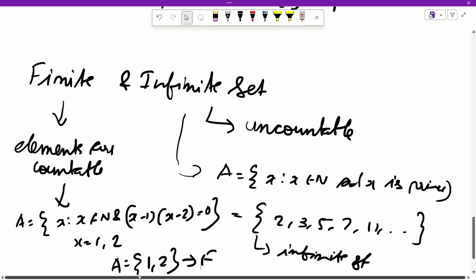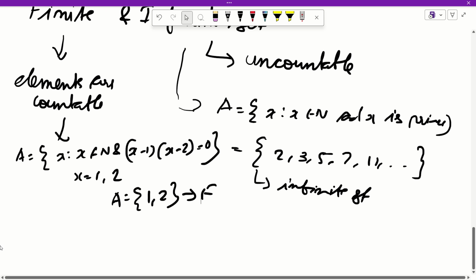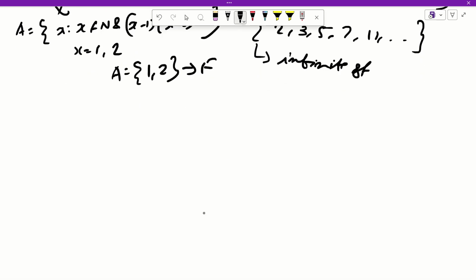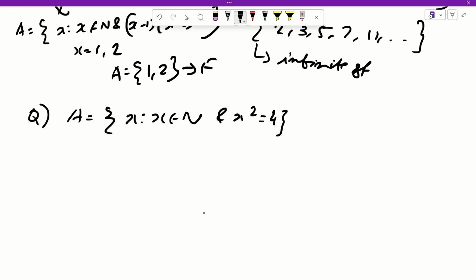Okay, let me do one small example. This can also be asked in many JEE exams or entrance exams. Question: A is equal to the set of x such that x belongs to N and x square is equal to 4. They will ask whether it's a finite set or an infinite set. In this case, it's a finite set.